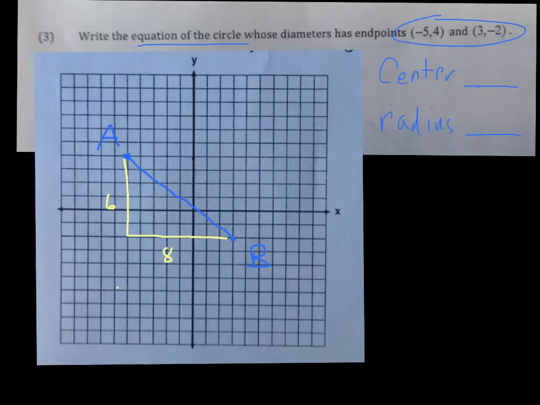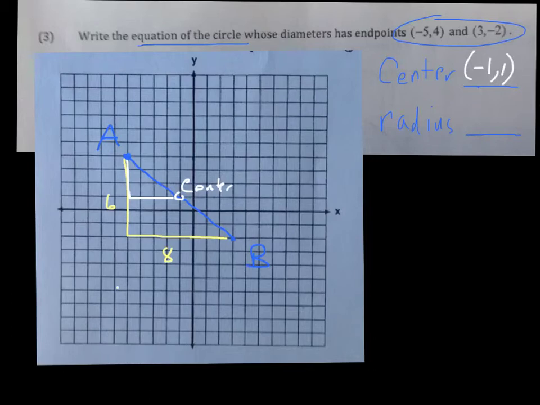If that's the overall pattern for the diameter, to find the center, we just need to take half as many steps to get there. So going down 3 over 4 will give you the midpoint or the center of that circle. And hopefully you got the answer correct, as being -1, +1.